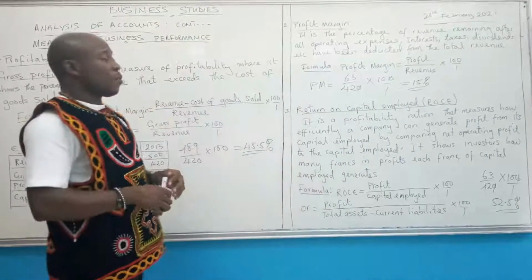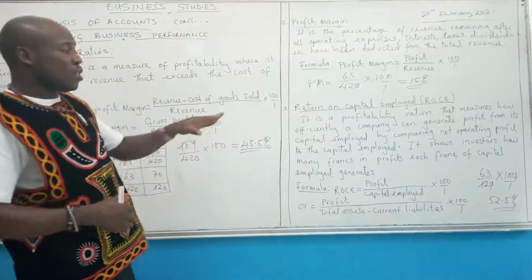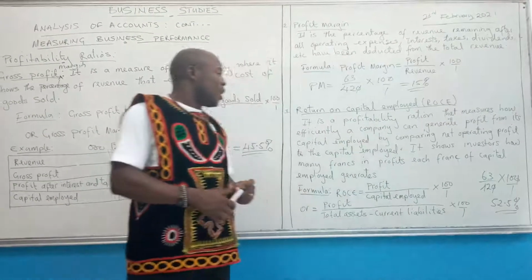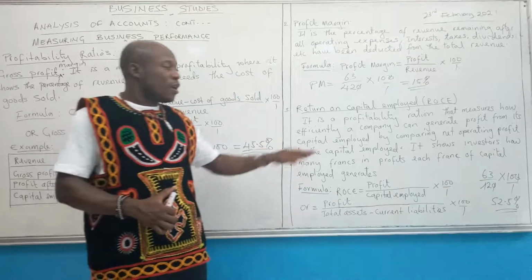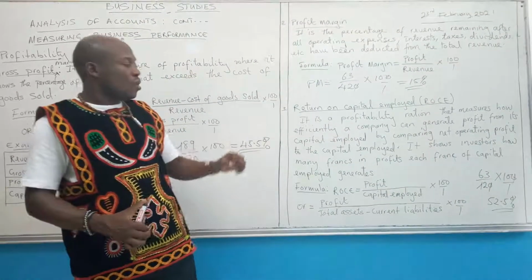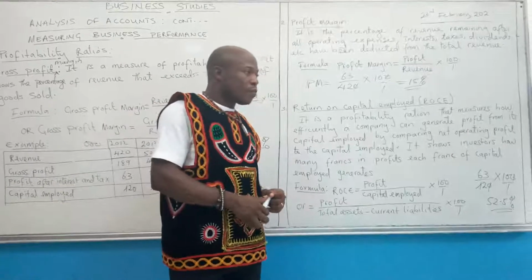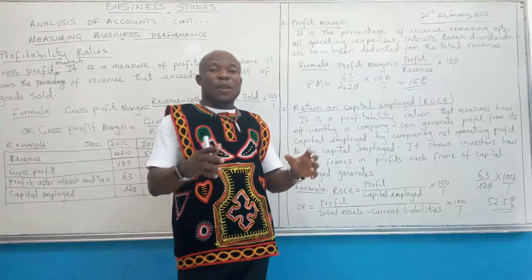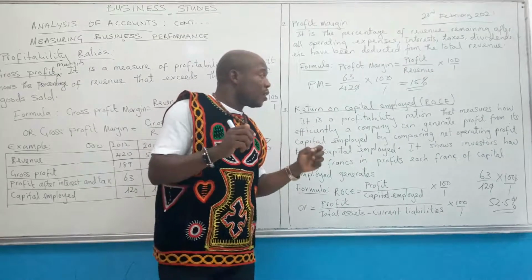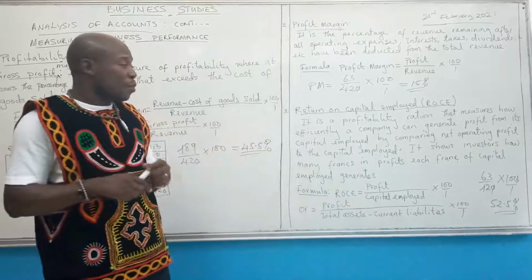So it is a profitability ratio that measures how efficiently a company can generate profit from its capital employed by comparing net operating profit to the capital employed. It means you compare your net profit, not the gross profit, to capital employed.